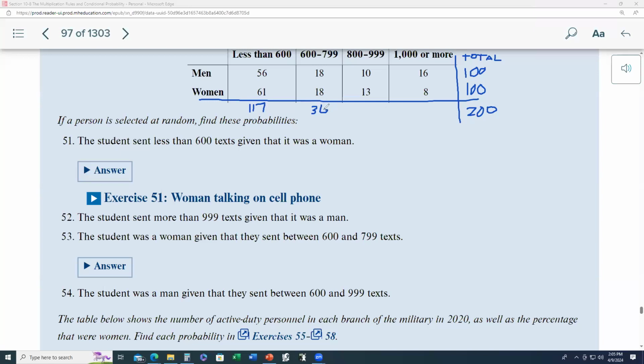That would be 127 for the first one, not 117. Did I add wrong? 56 plus 61? Yes. 6 plus 1 is 7. What's 5 plus 6? 11. So how did I get 127? You got a calculator? Yeah, I have it sitting right in front of me. Add 56 and 61 together.